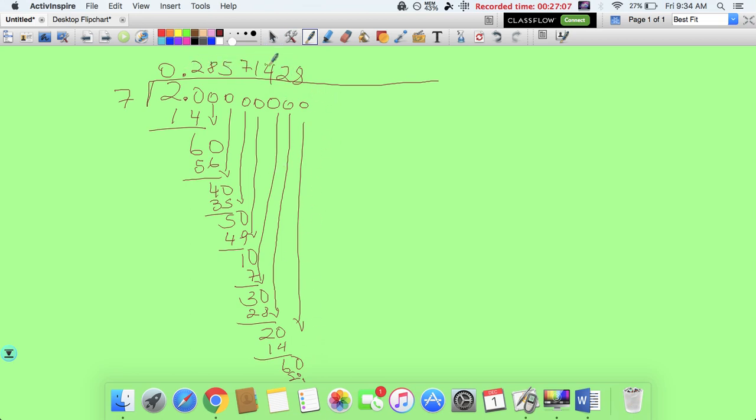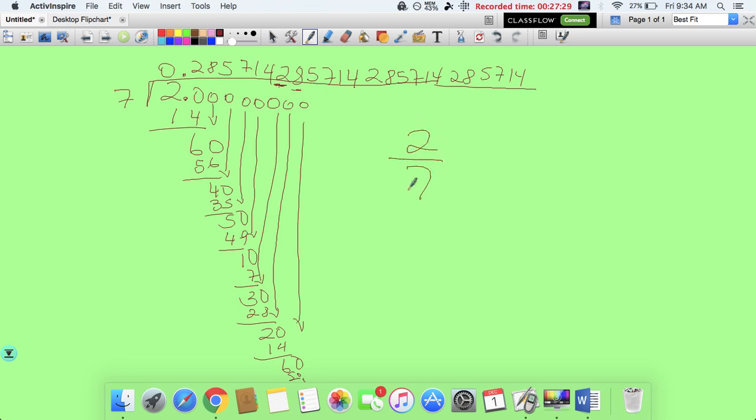So 0.2857142. And starting from the 2 again, it starts repeating: 2, 8, 5, 7, 1, 4. And then again 2, 8, 5, 7, 1, 4. So those 6 digits are going to be repeating.